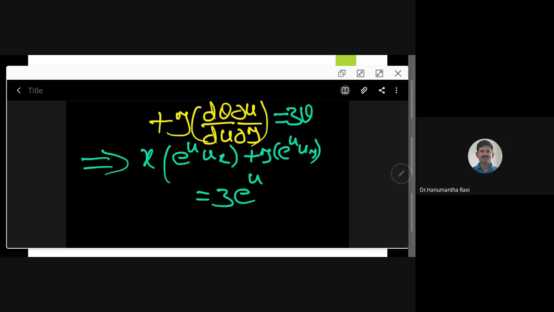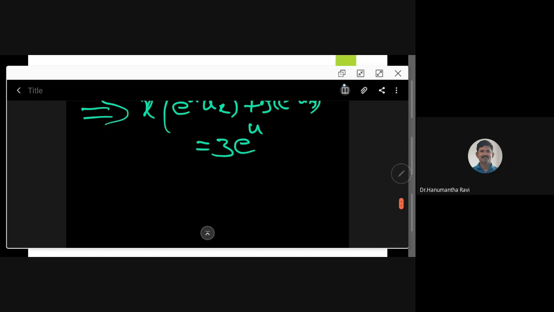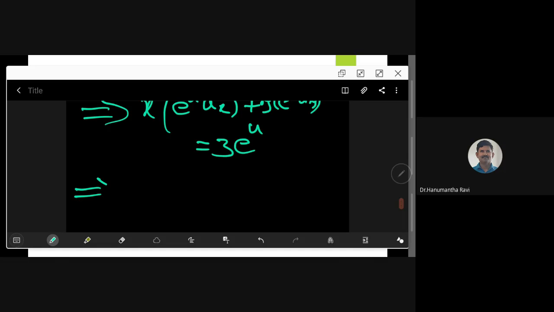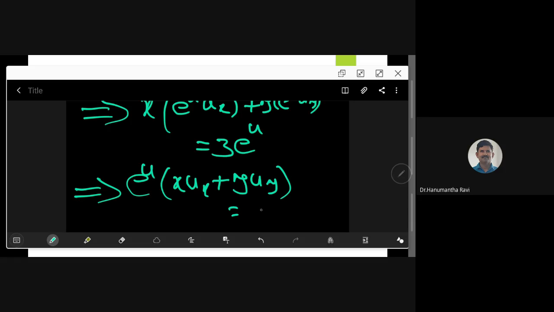So this implies e power u into (x u_x plus y u_y) is equal to 3 into e power u.